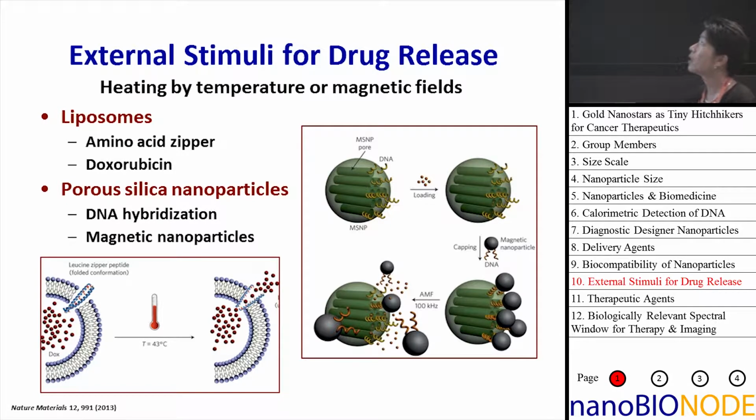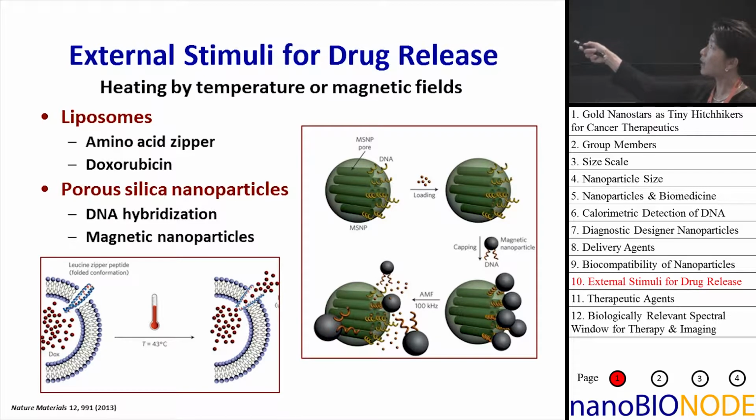Another example of stimulated drug release using different types of carriers are these porous silica nanoparticles. So these are organic, and porous silica is obviously inorganic. But the idea here is that you can make these nanoscale pores inside these particles. You can put single-stranded DNA on the outside, and load your drug inside these pores.